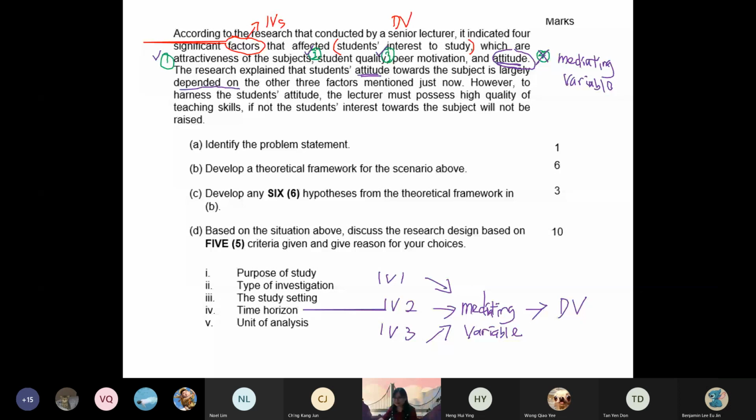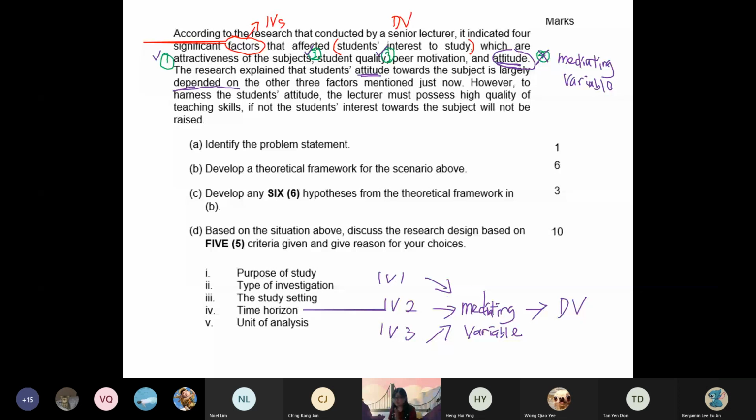So when we are going to draw a research framework, we will start with the independent variable.